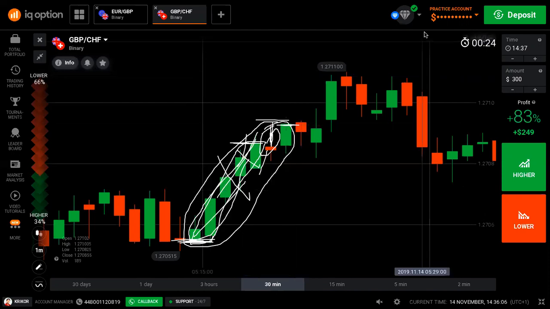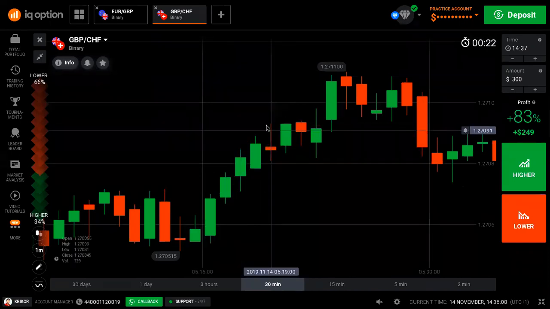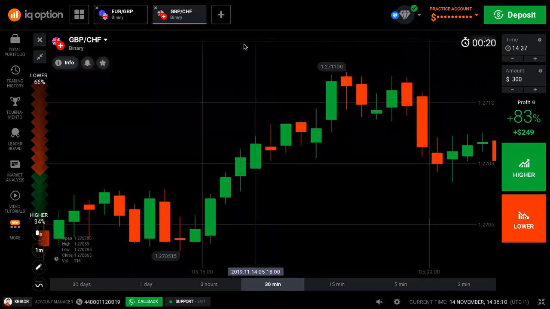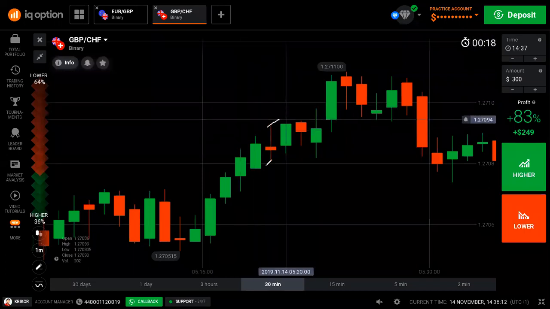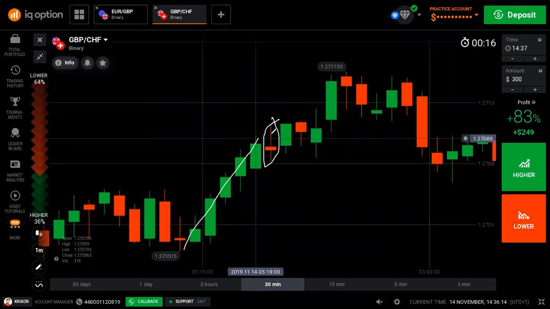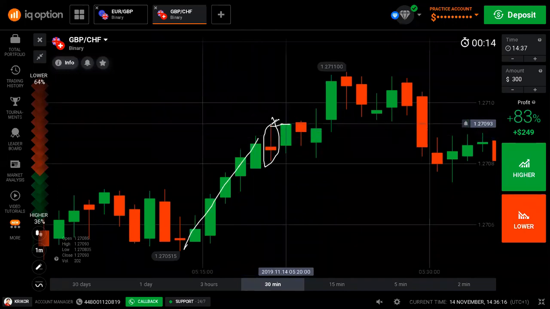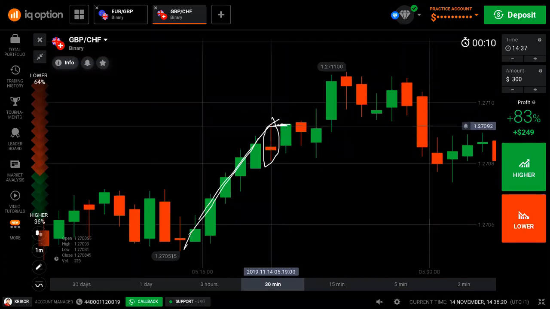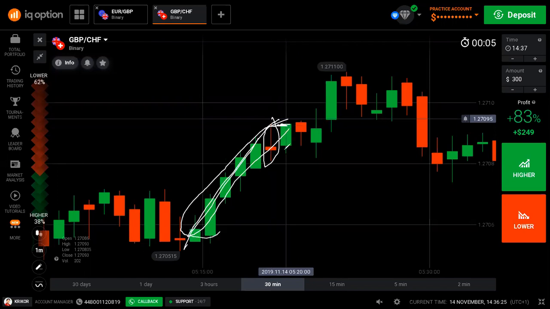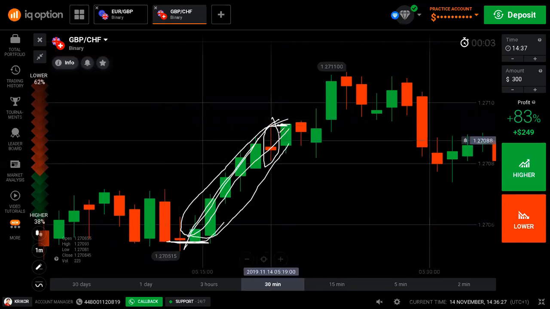So because of this red candle that has come in after all this, this trend is no more a momentum trend. This is now a normal trend from here to this level.